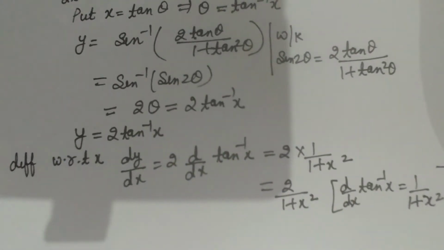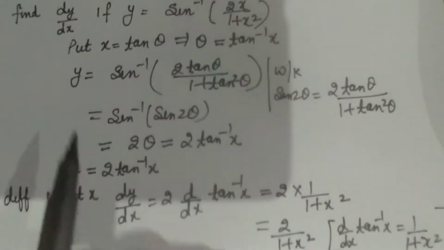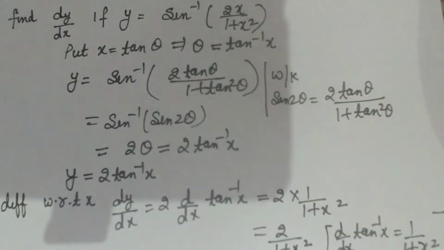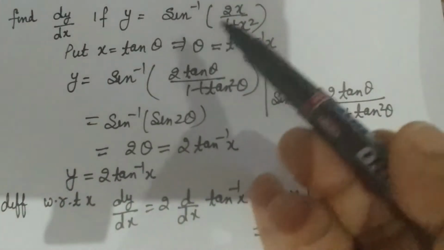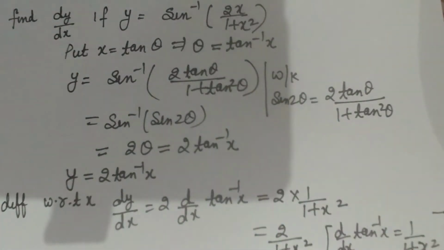So it becomes 2 upon 1 plus x square. This is how simply we solve it as we did in inverse trigonometric functions: reduce it to a proper inverse trigonometric function using the required substitution, and then differentiate the function obtained.